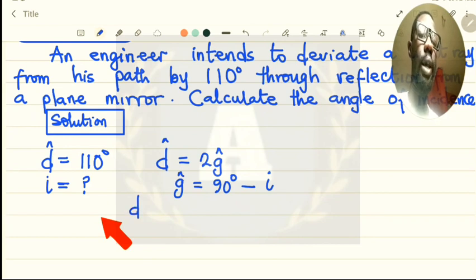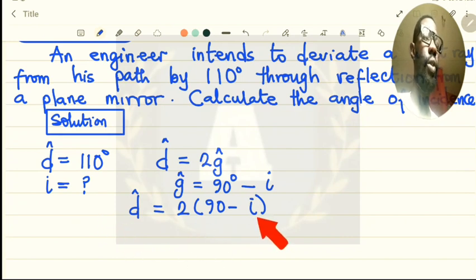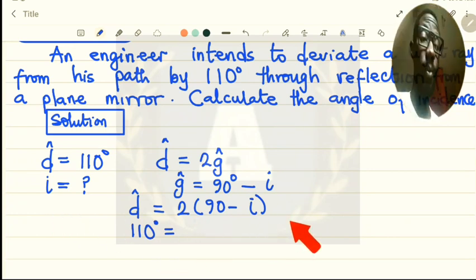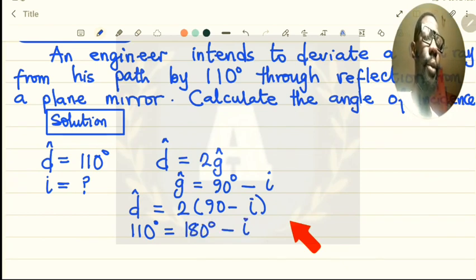So we have that the angle of deviation is equal to 2 times the bracket of 90 minus the incidence angle. Now the angle of deviation has been given to be 110 degrees, equal to, then we can easily remove this bracket, 2 multiplied by 90, that is 180 degrees minus 2I.